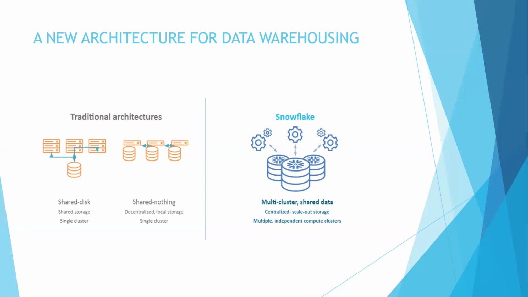Snowflake follows a hybrid architecture, which is a multi-cluster shared data centralized scale-out architecture. Scale-out is nothing but how you increase the size if needed, or increase the capacity or number of clusters if needed. This is a unique architecture which Snowflake follows, with multiple independent compute clusters. Multiple independent compute clusters means you will have multiple groups of clusters in Snowflake virtual warehouses.